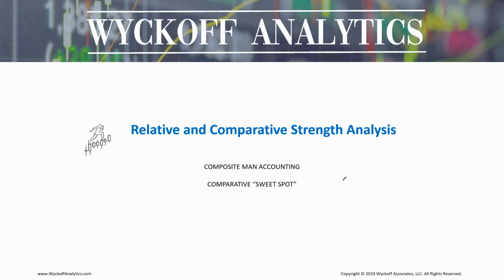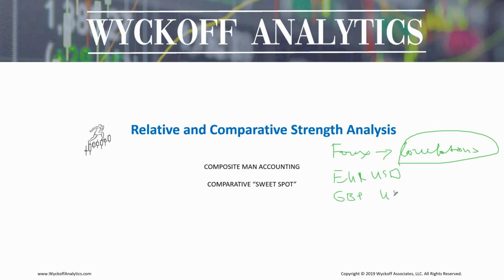So one of the things that I've been using is in Forex, you really have to think about the pairs in terms of correlations. Meaning that a pair like euro dollar or pound dollar, most of the time are going to be highly correlated.